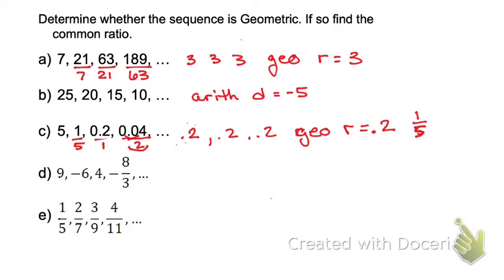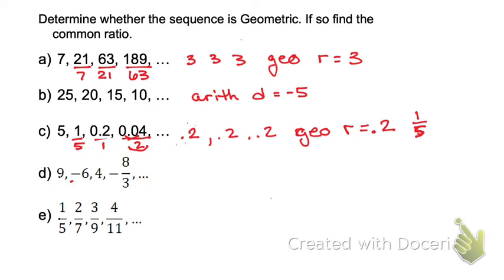Okay, now on D, I have 9, -6, 4, -8/3. Could I ever get a positive, negative pattern with arithmetic? No, because I can switch from positive to negative or negative to positive one time, but I can't bounce back and forth. The bouncing back and forth is multiplying by a negative, isn't it? So if anything, it's going to be negative something.